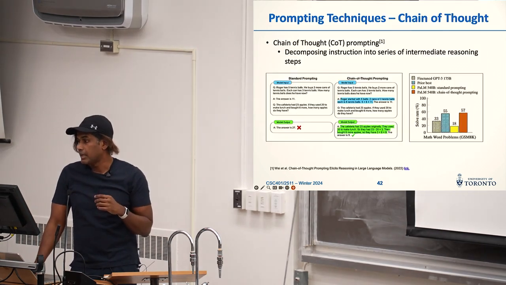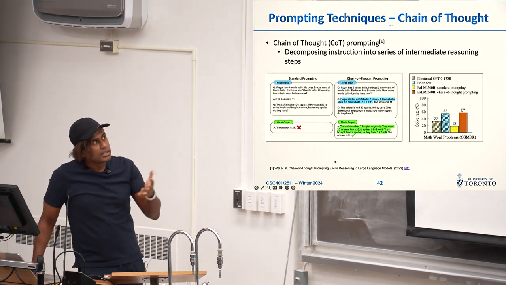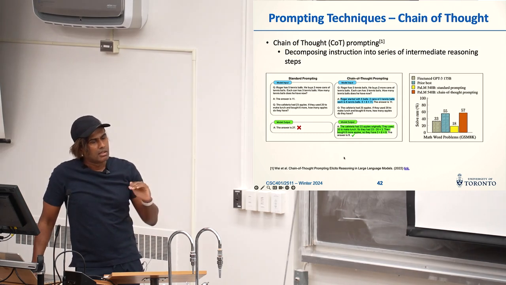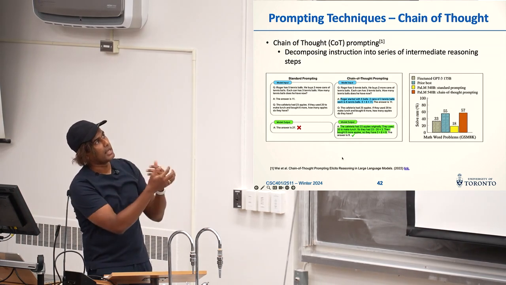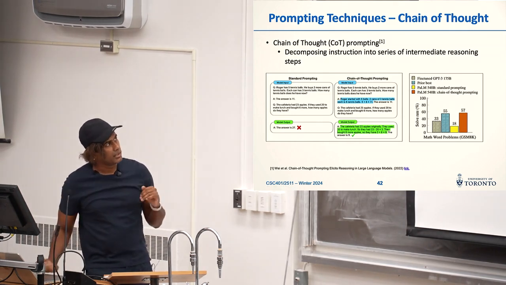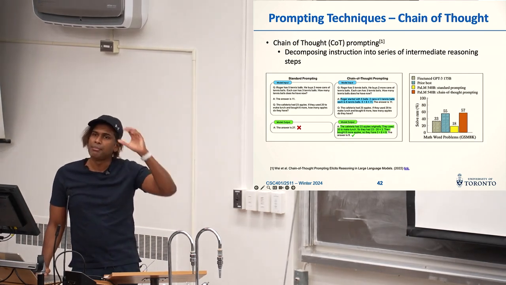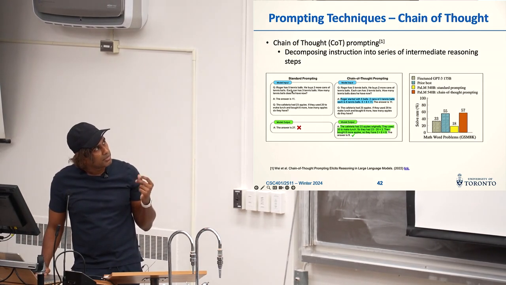One important technique is chain of thought. Out of all the many different techniques, this was one of the key techniques that changed things towards decomposing answers using intermediate reasoning. This is especially effective for mathematical reasoning. With standard prompting, if you ask a mathematical question, it will give a wrong answer.